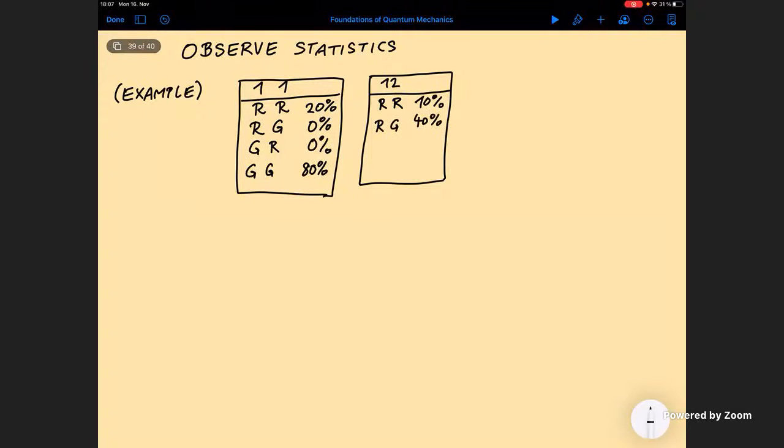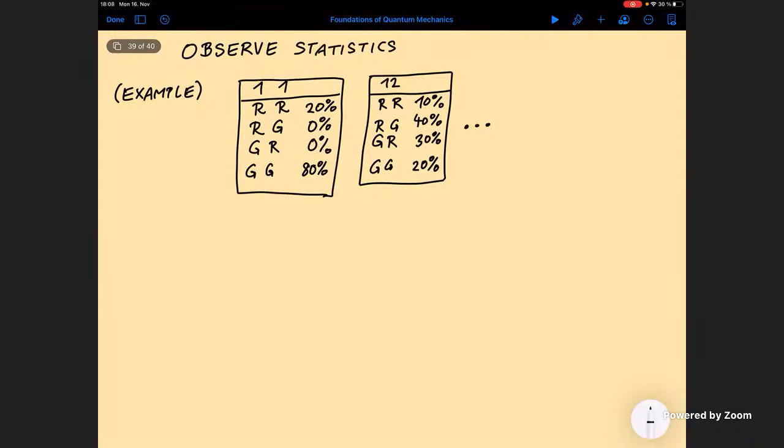This is just an example. You have green, red, maybe that's 30%. And you have green, green, which then has to add up to 100%. And you could go on and on and on. And for all the 9 combinations of settings, you could make such a table of observed statistics.